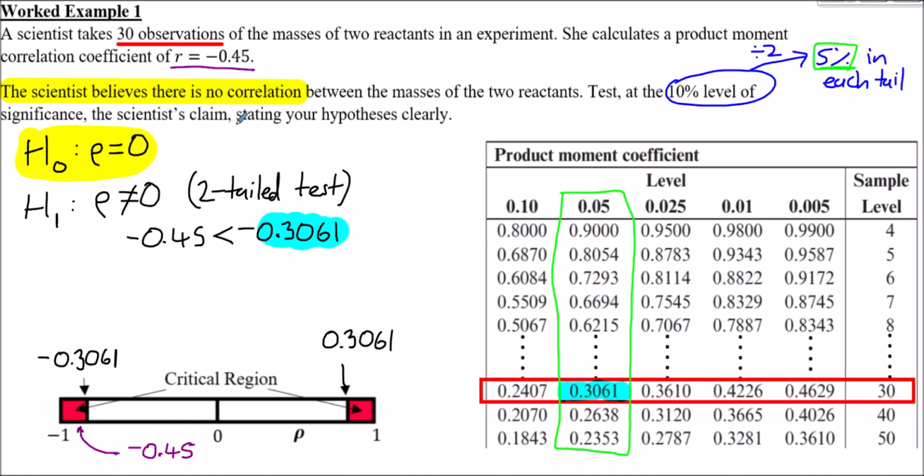So we then conclude by returning to the context of the question. So we just need to say something along these lines. We're going to reject H0, and we can say something like, there is evidence to suggest that there is negative correlation.